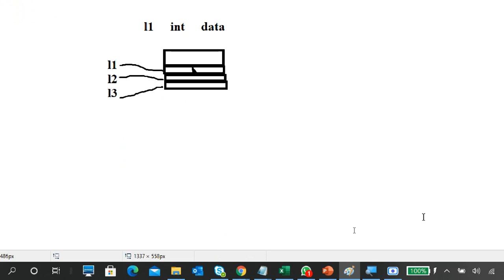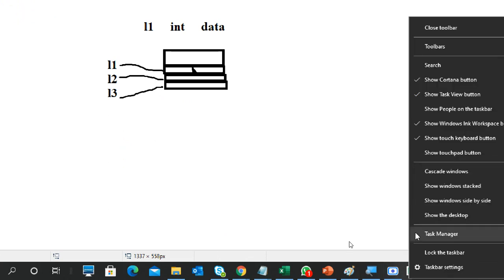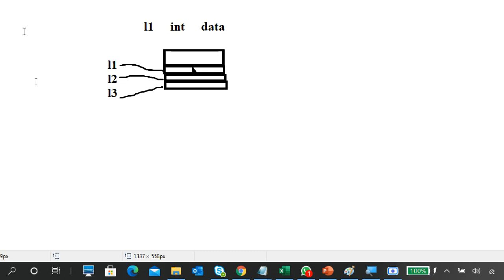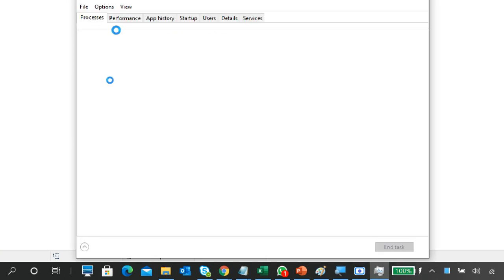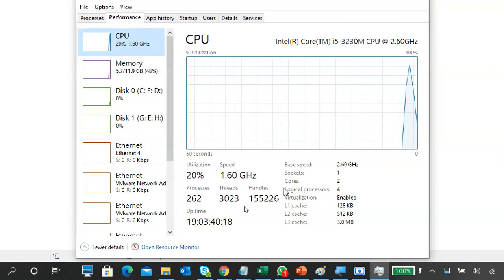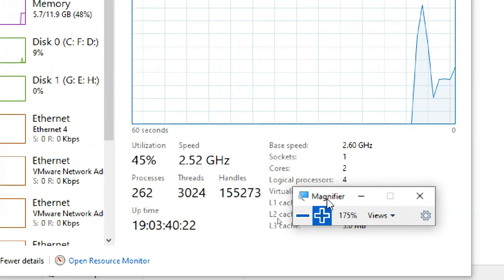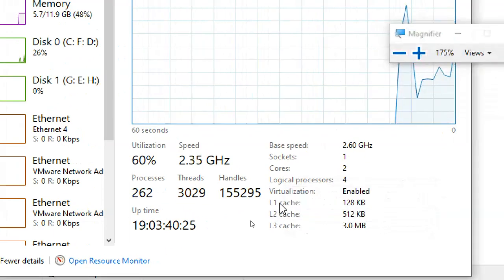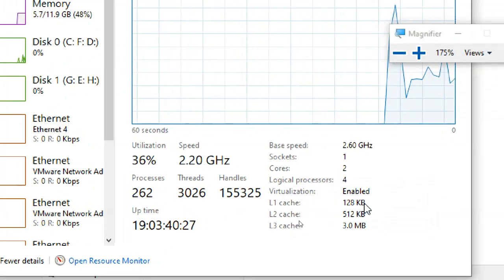If you want to know about cache memories, if you are using a Windows 10 PC, then we can easily know it. Go to Task Manager, same thing like yesterday's CPU. You can see from here how much cache memory you have. L1 cache memory is 128 KB.